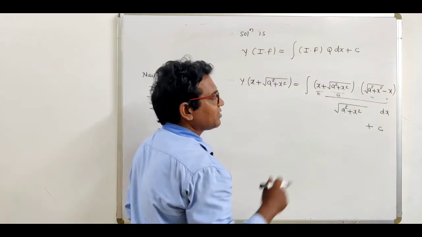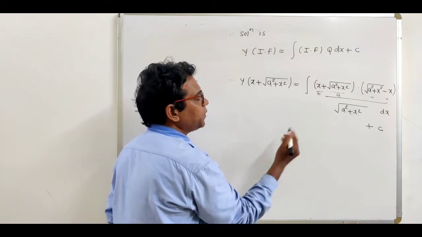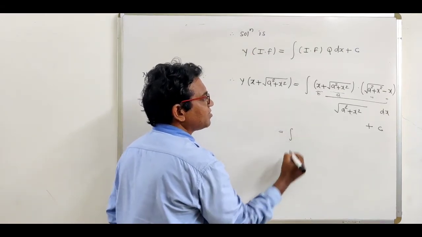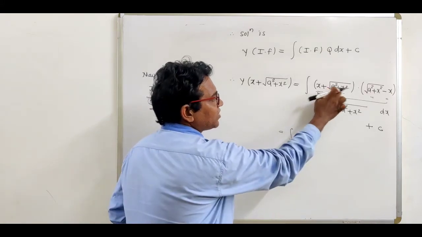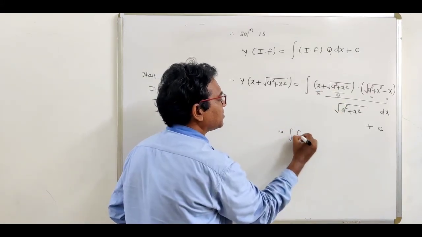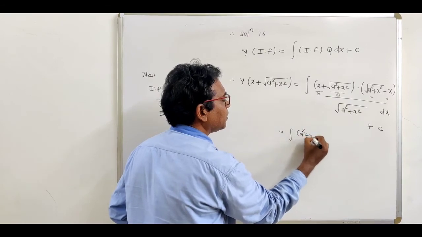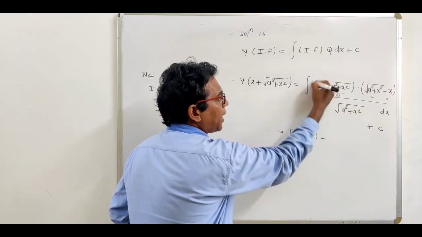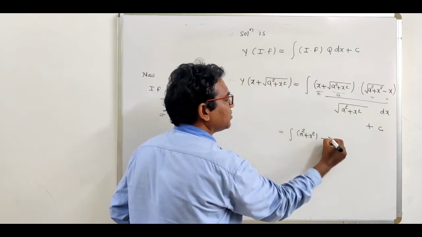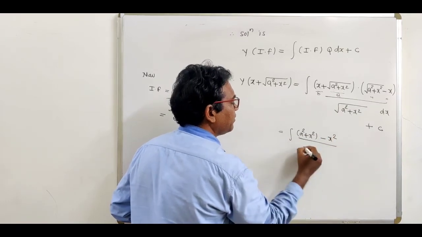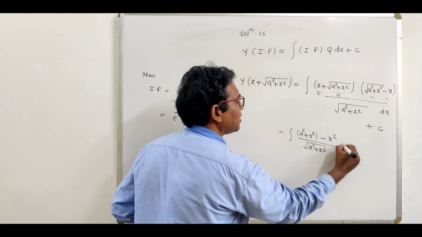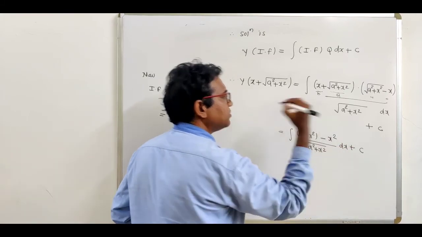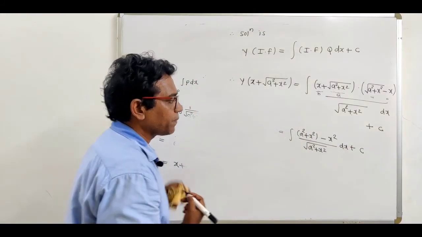So what is the standard formula? (A plus B) into (A minus B) is given by A square minus B square. A square means the square of this quantity, so this is a square plus x square, minus B square, the square of x, so x square, divided by under root a square plus x square dx plus constant of integration.